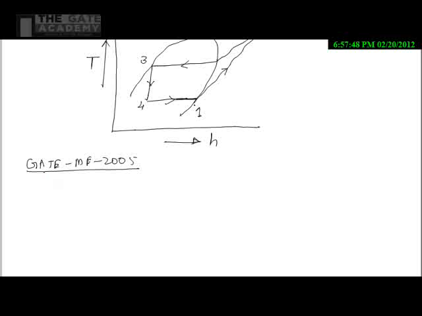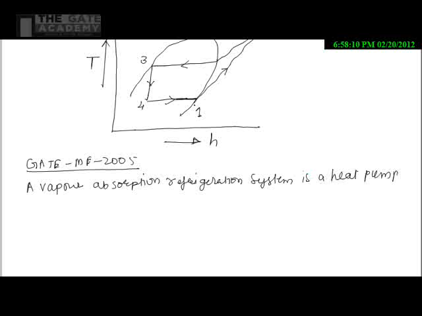A vapor absorption refrigeration system is a heat pump with three thermal reservoirs as shown in figure.